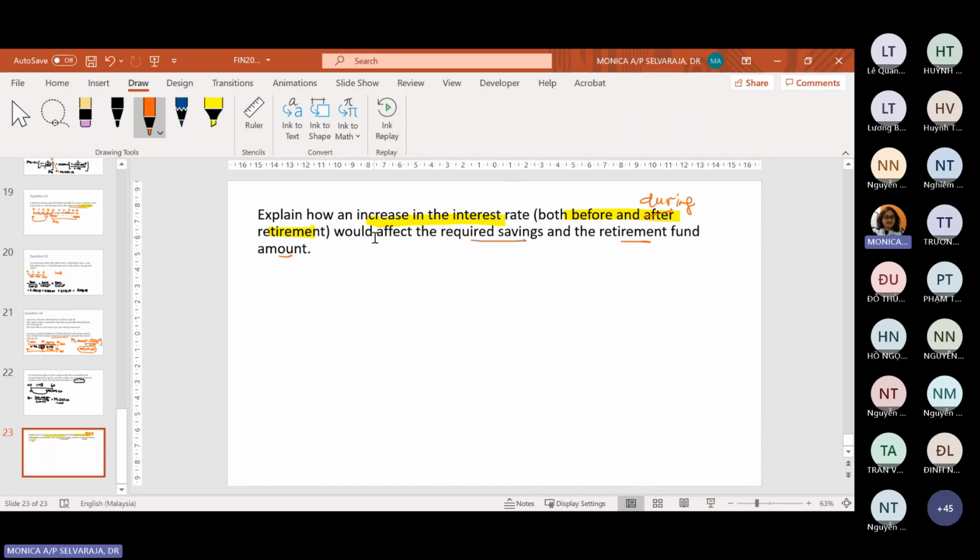So now an interest rate increase will increase the future value. An interest rate increase will decrease the present value needed to invest.